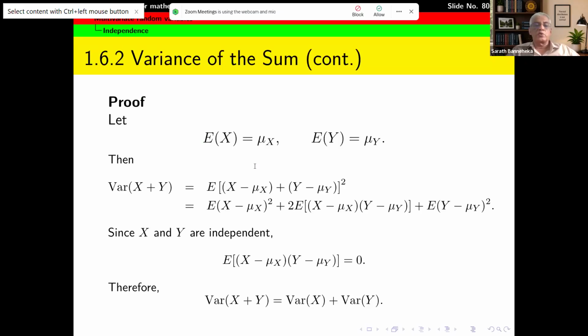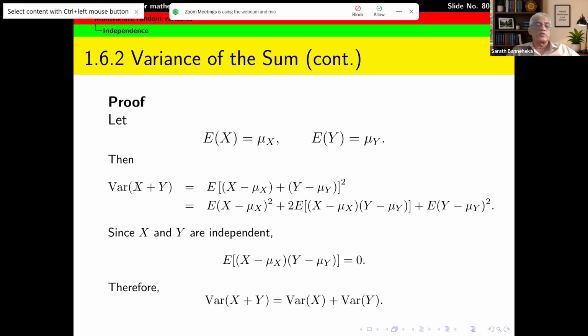Right. So in order to simplify the quantity, let's take expected value of x to be mu x and expected value of y to be mu y. Then the variance of x plus y is, by definition, and then of course, the expected value of x plus y will be equal to mu x plus mu y. Right.